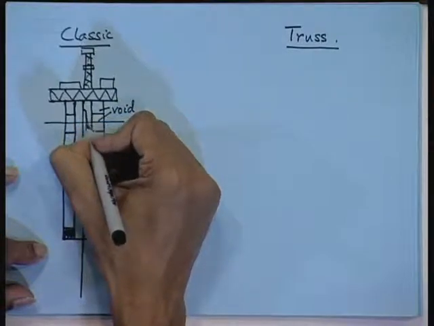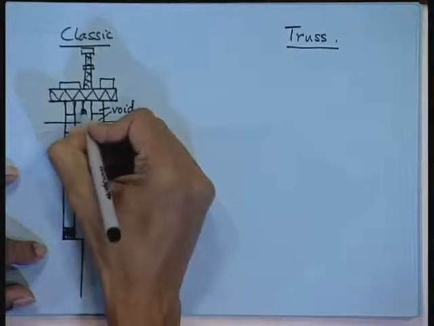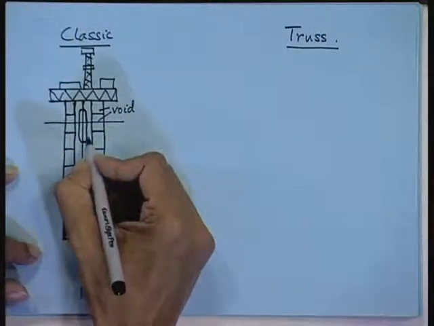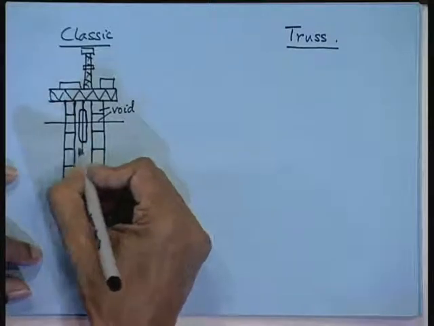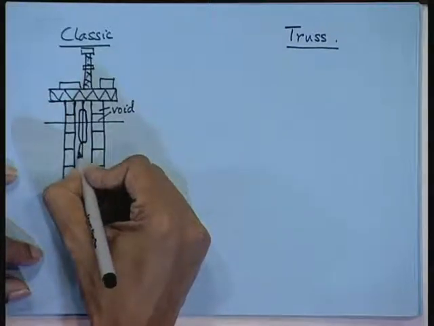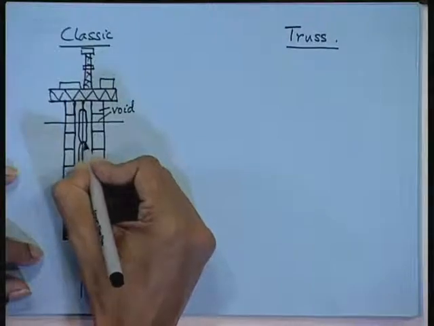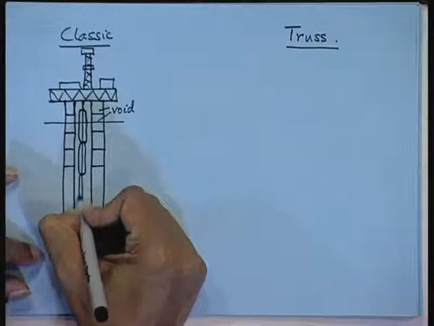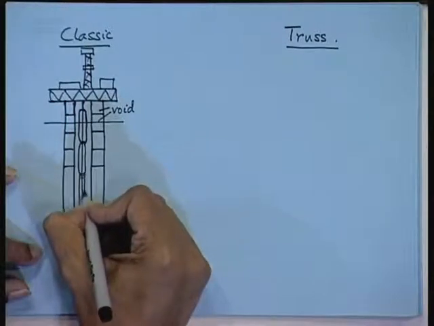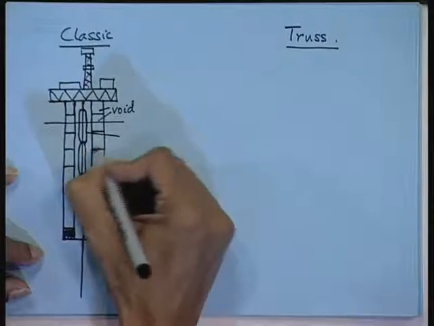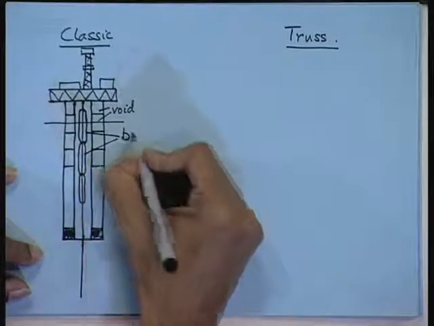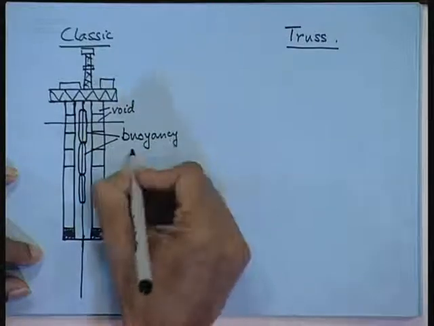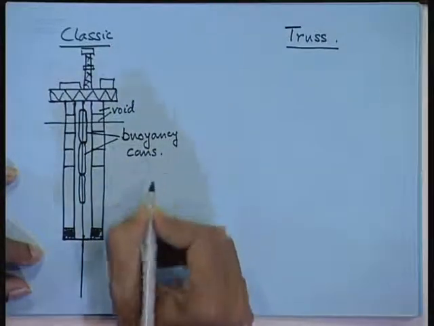So, there will be large buoyancy tanks on the marine riser. Now, these are called buoyancy cans.